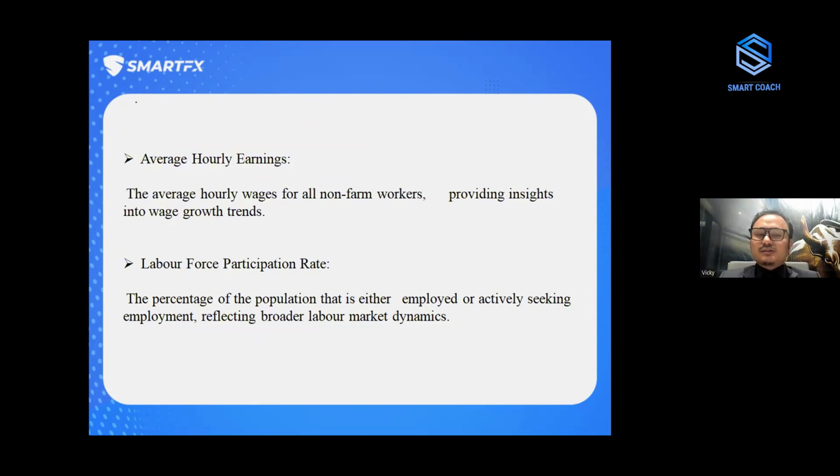And the third one is average hourly earnings. The average hourly wages for all non-farm workers, providing insights into wage growth trends. Okay, so I'm going to explain this briefly as well. Because whatever I'm covering, these points are really, really important.